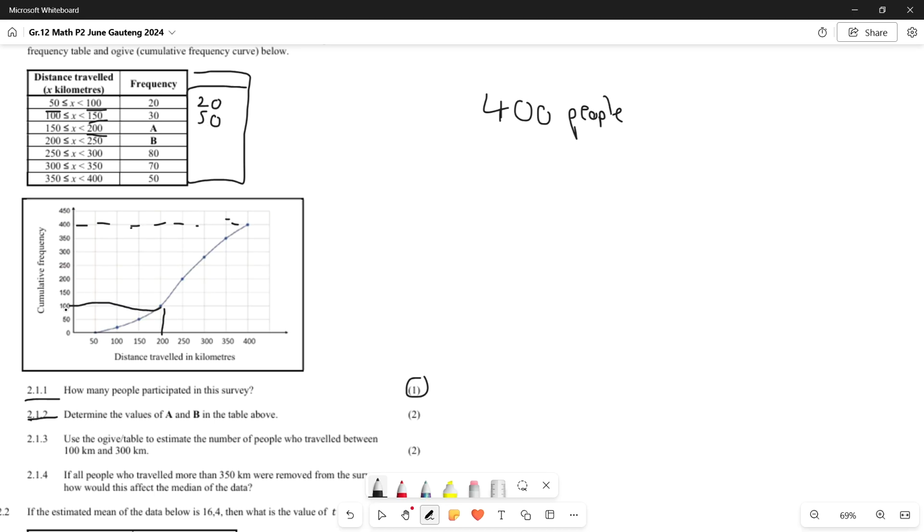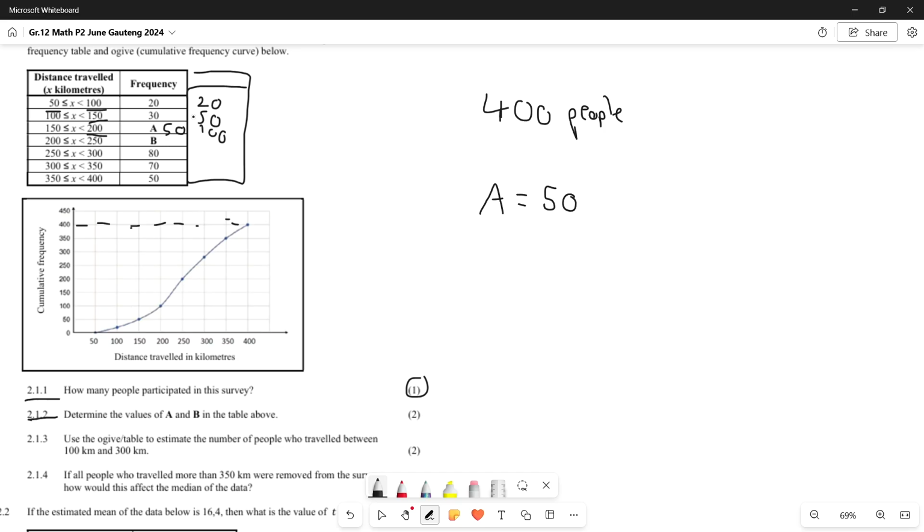We can see that we have 100 here for our cumulative frequency as we go to 200, the anchor point, which means to increase from 50 to 100, we would have 50 for our value of A, because 50 plus 50 gives us 100 for our cumulative frequency plotted for the upper boundary anchor point of 200. So for A, we can just write 50.